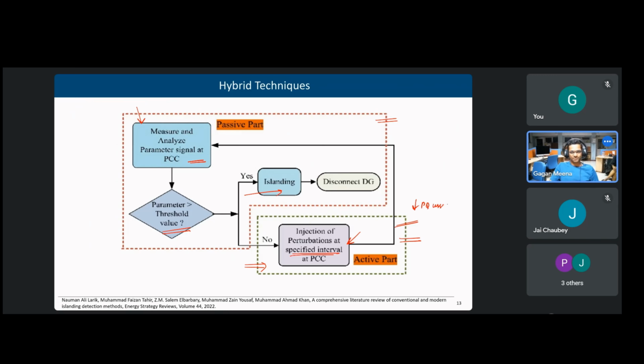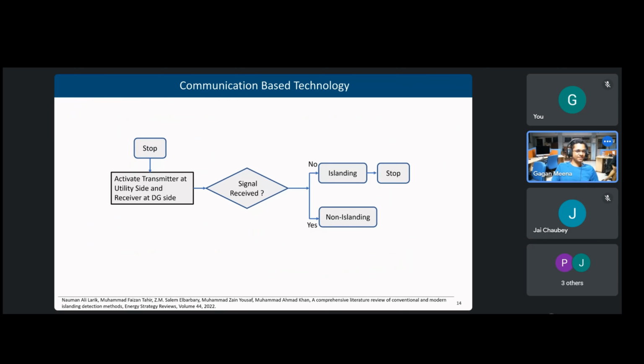Here we will have one transmitter on the utility side, and some receivers at the DG side. The transmitter will send signals, and the receivers will receive. If the signal is received, then there is no islanding scenario. But if the signal is not received, then there is an islanding scenario. Then we have to stop and disconnect the DG.